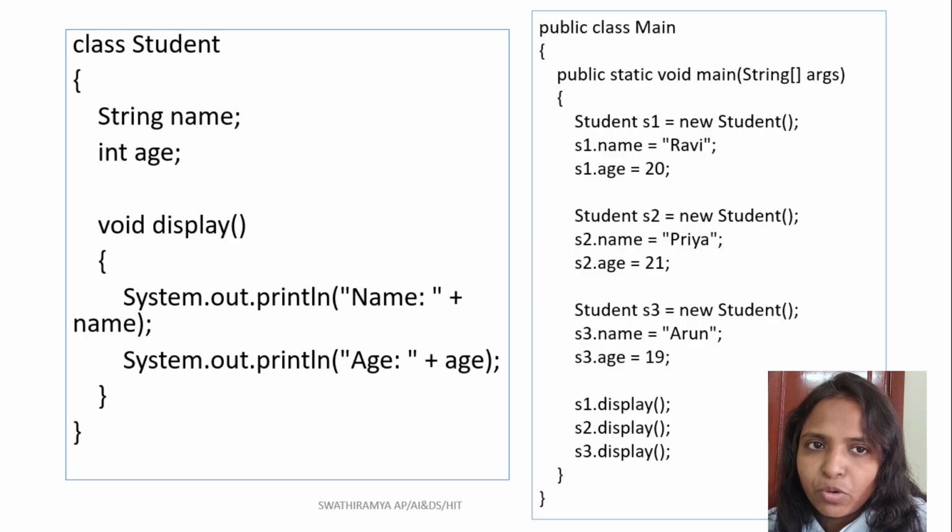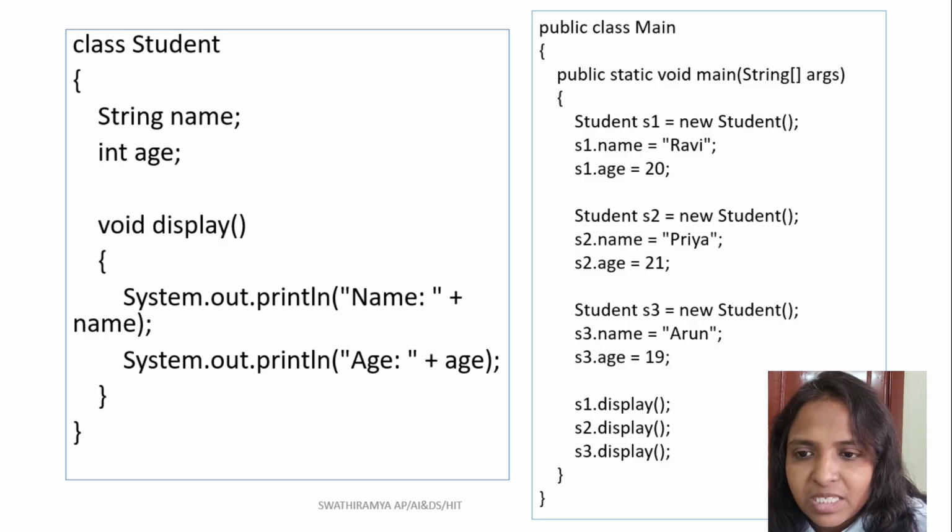What I am going to do is, in the main class, create three objects for the same class and declare different values for different objects. You can see the changes in the main class here. So public class main, this is the main class, and you will have the declaration public static void main string args.